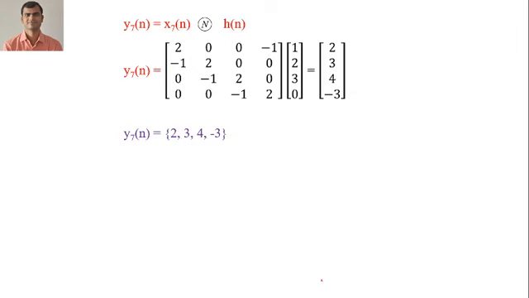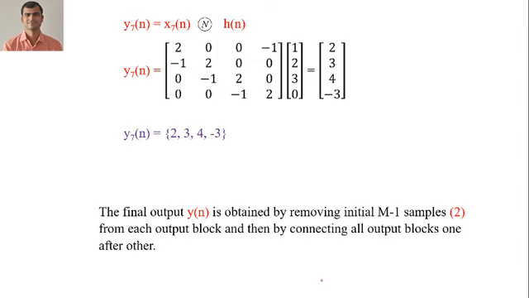After calculating y7 of n, we have to do the following step. The final output y of n is obtained by removing m minus 1 samples, where the value of m minus 1 is 2, from each output block, and then connecting all output blocks one after other. So what is the meaning of this statement?